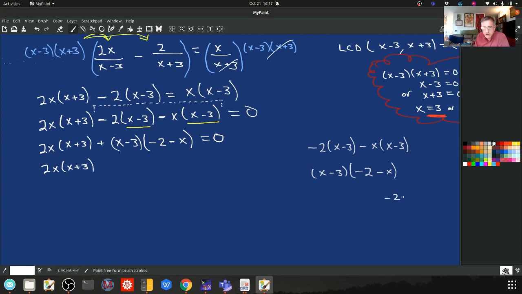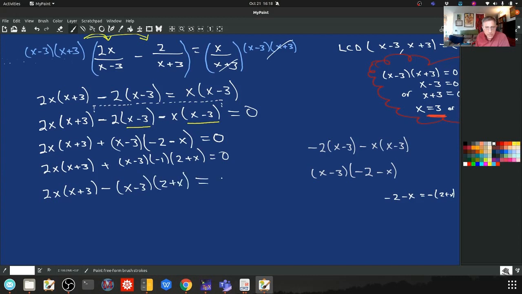So minus 2 minus x is equal to minus 2 plus x. So I'm going to factor out a negative. So this is going to become x minus 3 times minus 1 times 2 plus x is equal to 0. And here finally, the minus 1 is going to come out in front.